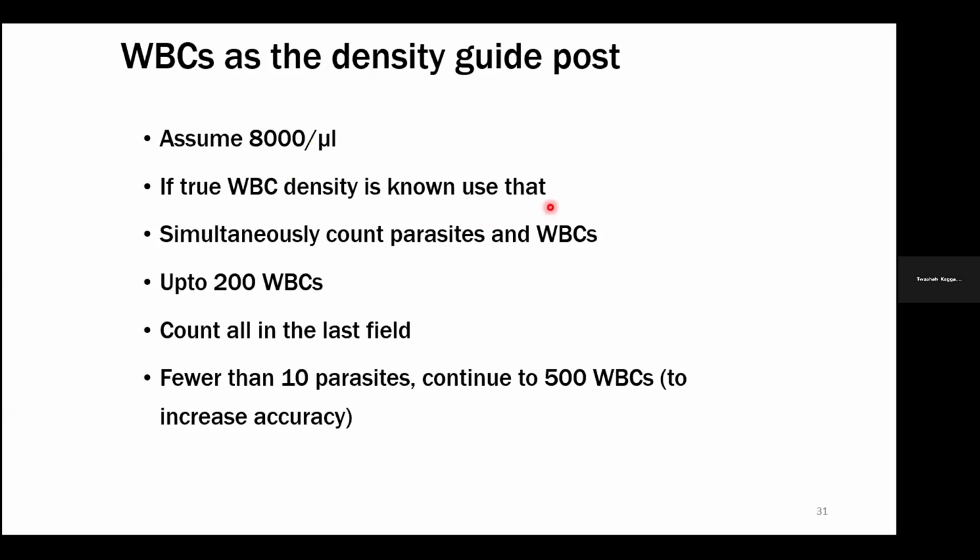If we know the true WBC density, it is what we use. But as we said earlier, we are counting both the parasites and the WBC simultaneously. Then we count up to 200. We count all in the field where we have found our 200th white blood cell. If they are few, we continue up to 500.